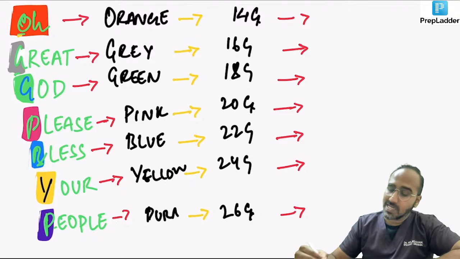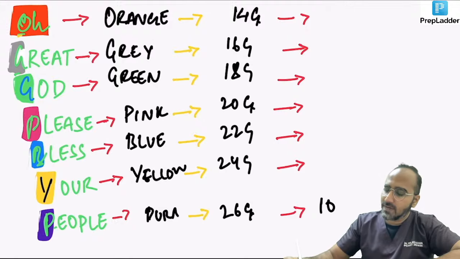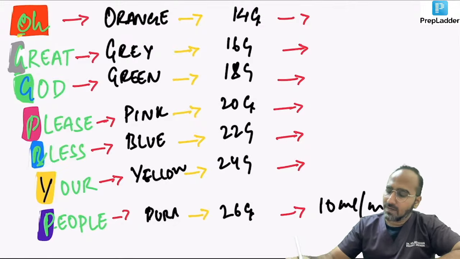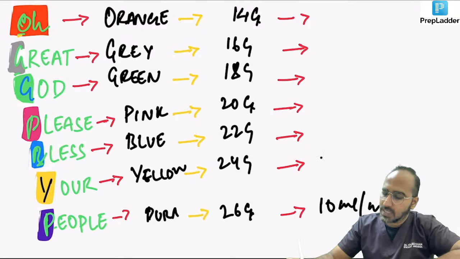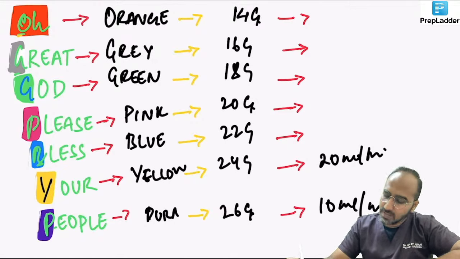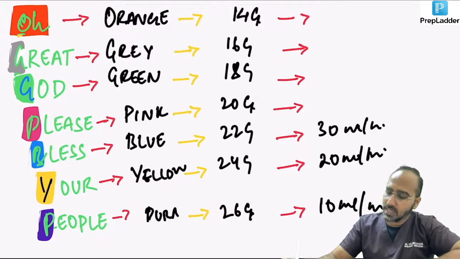Now we have to remember, guys, from the bottom. Okay, when you are using this purple cannula or 26 gauge, it will deliver 10 ml per minute of fluid. Okay, yellow, it will deliver double of 10, 20 ml per minute. Blue will deliver how much, guys? 30 ml per minute.